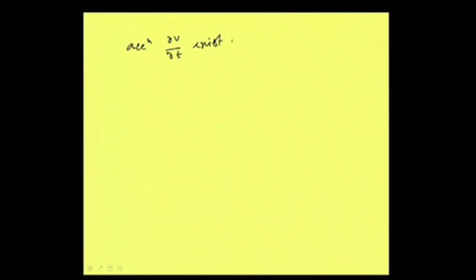So if this is the acceleration, then suppose we consider a unit weight of fluid, then mass is equal to weight by g.